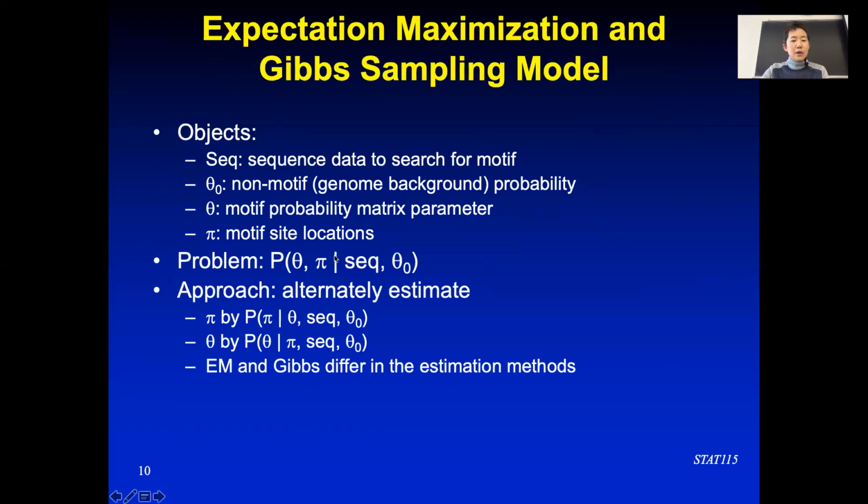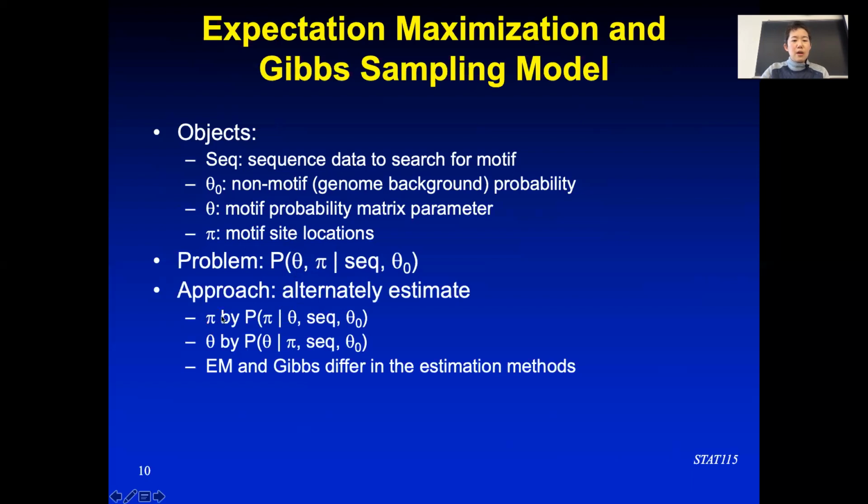Okay, so you can imagine we try to estimate these two parameters together. If we are given one, we can know the other. Unfortunately, when we start, we have neither. We don't have anything. So for both expectation maximization and Gibbs sampler, they say, okay, let's just start somewhere.